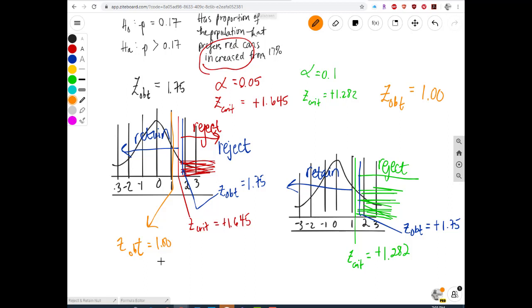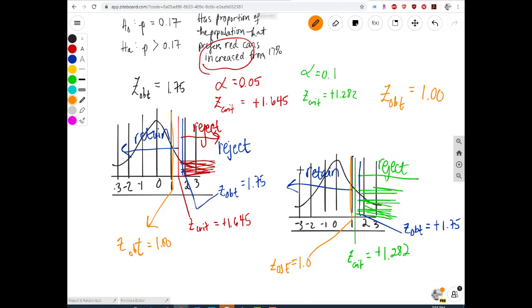I would have retained the null hypothesis here because this is in the area of retention. Same thing would have happened in this situation here. I still would have been able to retain this because the number that I happen to pick for this example both happen to be in the area of retention.